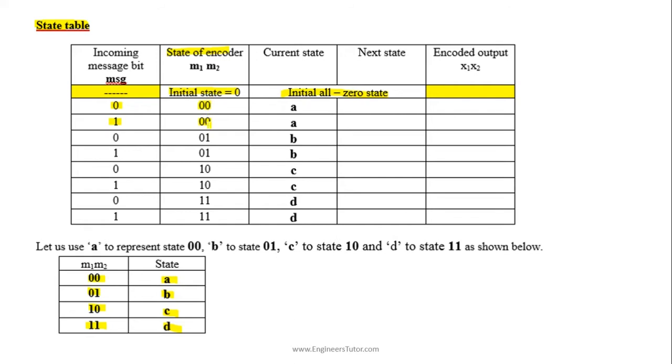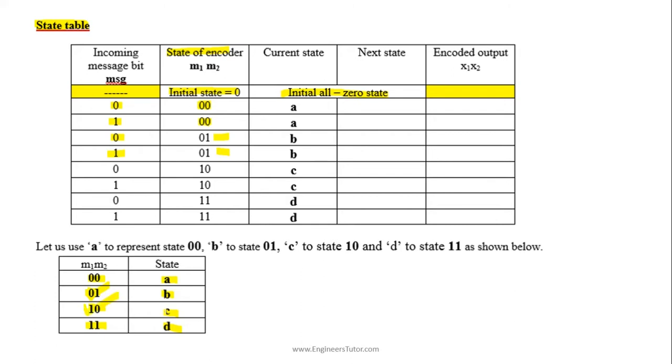We repeat 00 twice, because the incoming bit may be 0 and we also consider the case where the incoming bit is 1. Similarly for 01, we repeat it twice because the incoming bit may be 0 or 1.